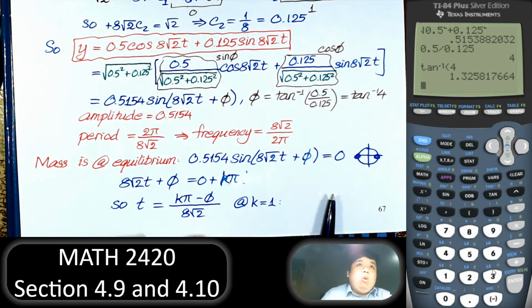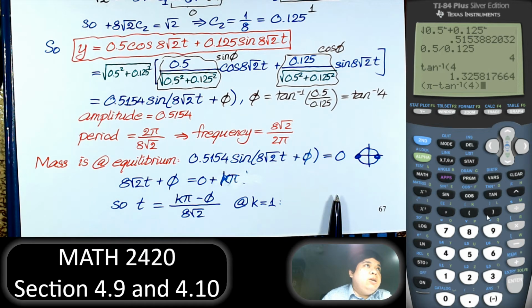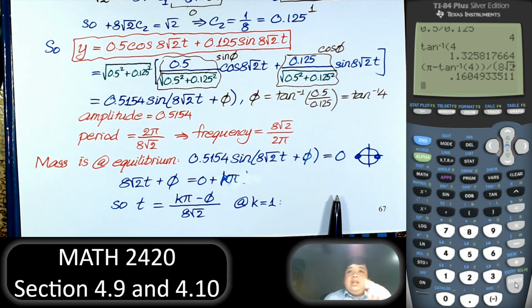At k equal to 1 we have pi minus tangent inverse of 4 divided by 8 square root of 2. Yeah, that. So after 0.16 seconds, the object will go back to equilibrium.